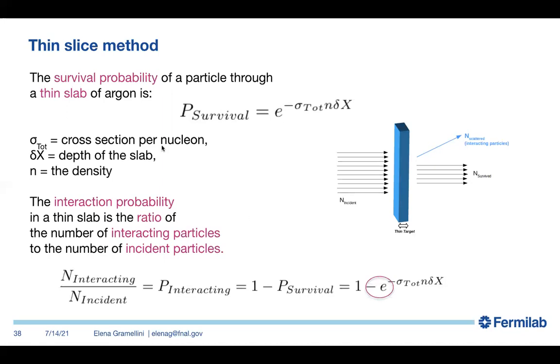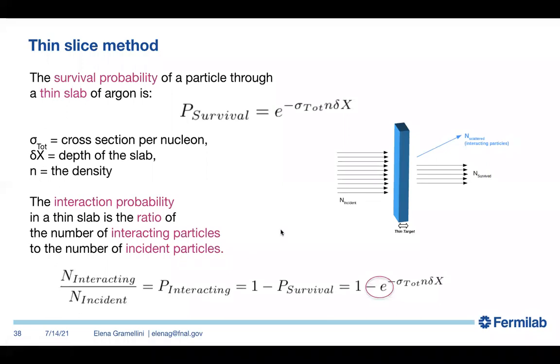In general, you can write the survival probability as this function here, where it depends on the hadronic cross section, on how big this slice here is, and on the density of your target medium. And you can write the survival probability by a simple measurement of the number of particles that interacted divided by the number of particles that were incident.